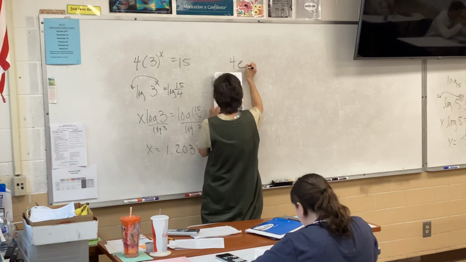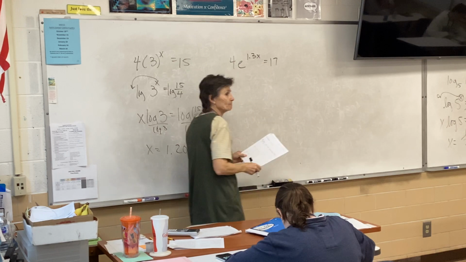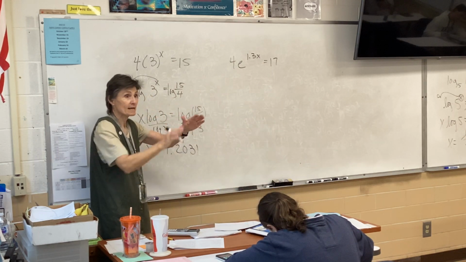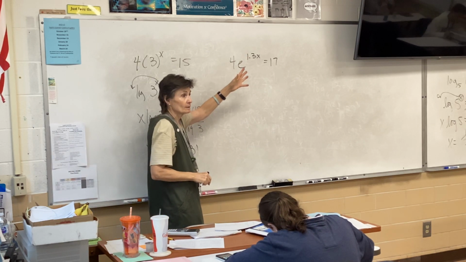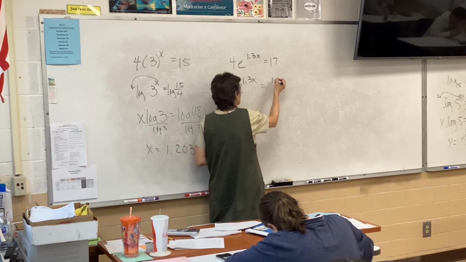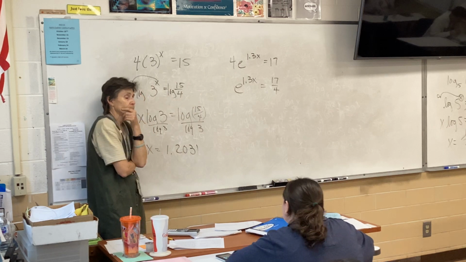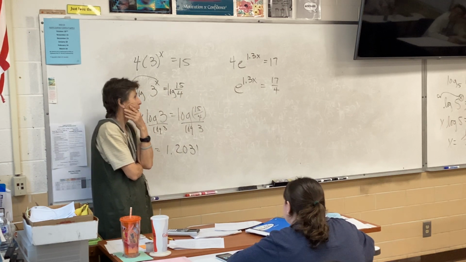All right, 4e to the 1.3x equals 17. Divide by 4. Same thing, Keyshawn, you paying attention? And divide by 4. So e to the 1.3x equals 17/4. Jacob N, what happens now?